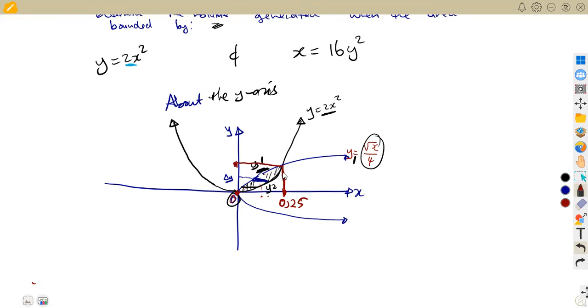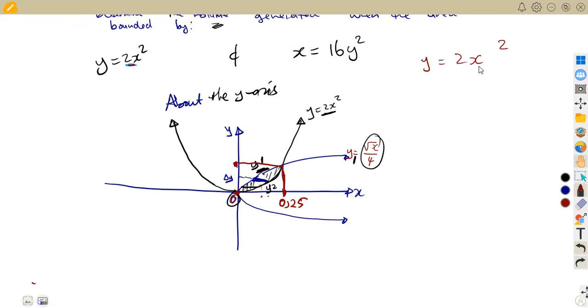So how do you find this? Either you go back, like what we did, and make x the subject, you equate the values of x. Or you can just substitute, since we got that the value of x here is 0.25. With the value of 0.25, I can substitute in any of these equations to find the value of y. So you can go back here. y is equal to 2x to the exponent of 2.